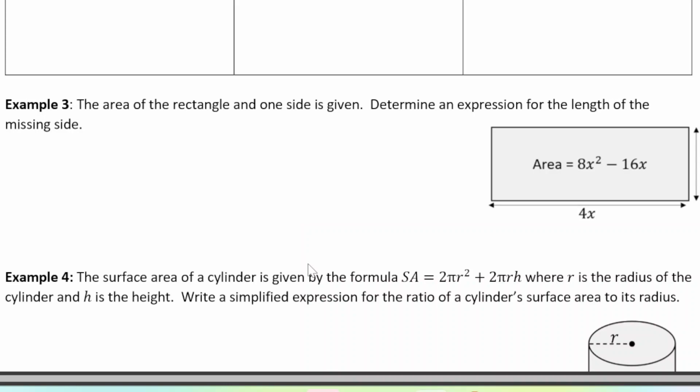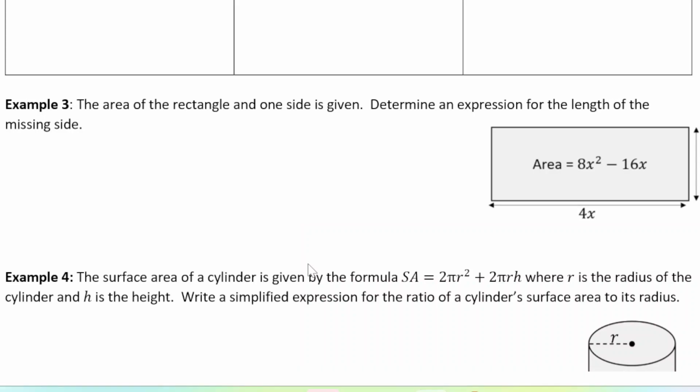The area of the rectangle and one side is given. Determine an expression for the length of the missing side. So if I wanted to know this side, then I would want to divide. So I'd have 8x squared minus 16x divided by 4x. So this 4x needs to be divided into both terms in the numerator.